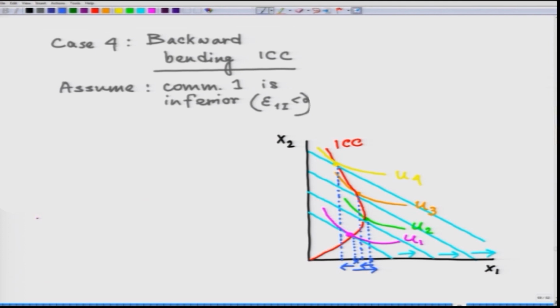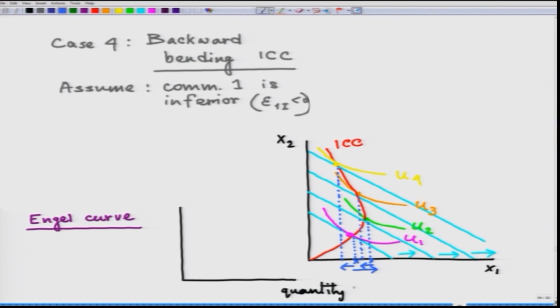So, let us draw the Engel curve. Here along the x axis we plot the quantity of the good consumed, and then along the vertical axis, or y axis, we are measuring income.